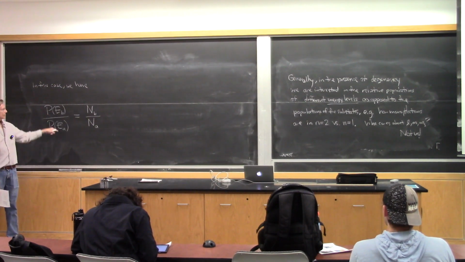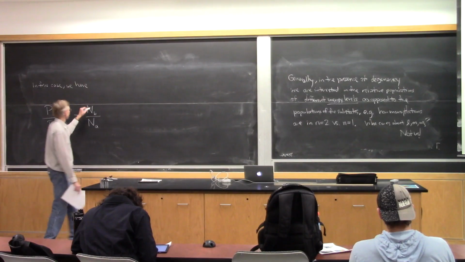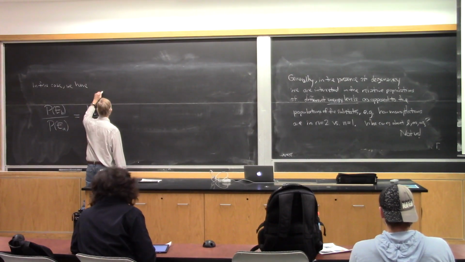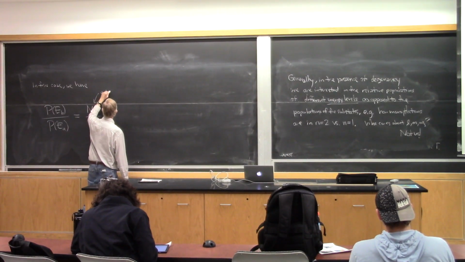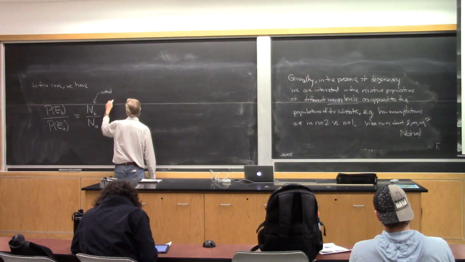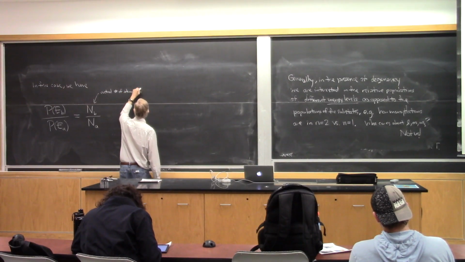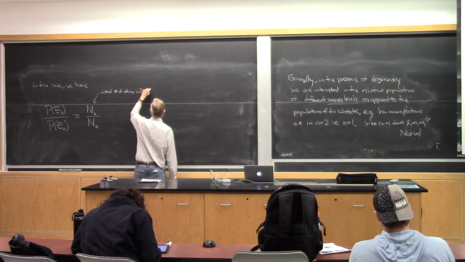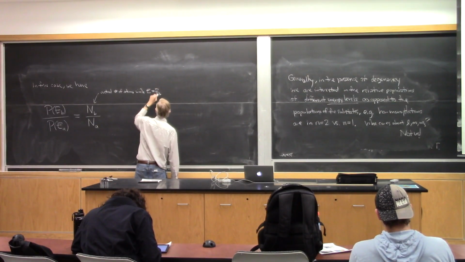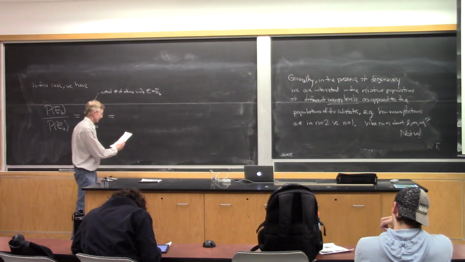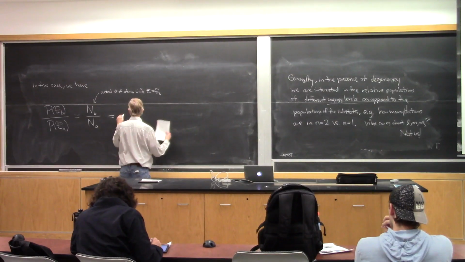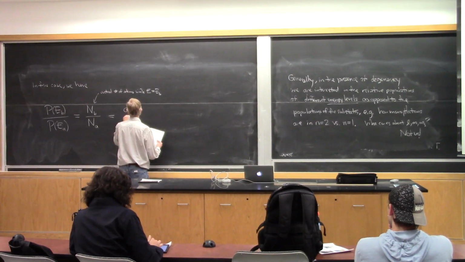So the ratio of these probabilities is also the ratio of the actual number of atoms with energy E equals E sub B, and then likewise on the bottom, it's equal to the same thing we had before, except we have to multiply by the degeneracies.